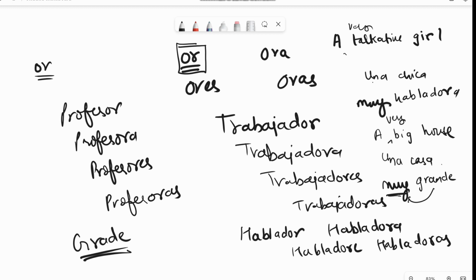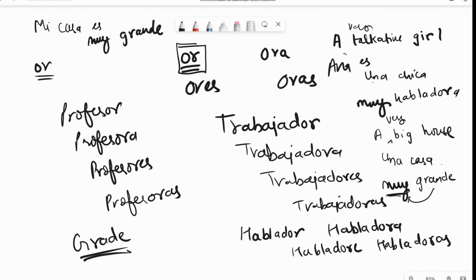So, a very talkative girl is una chica muy habladora. What if I wanted to say Anna is a very talkative girl? In that case, it will be Ana es una chica muy habladora. If I wanted to say my house is very big, in that case, it would be mi casa es muy grande.